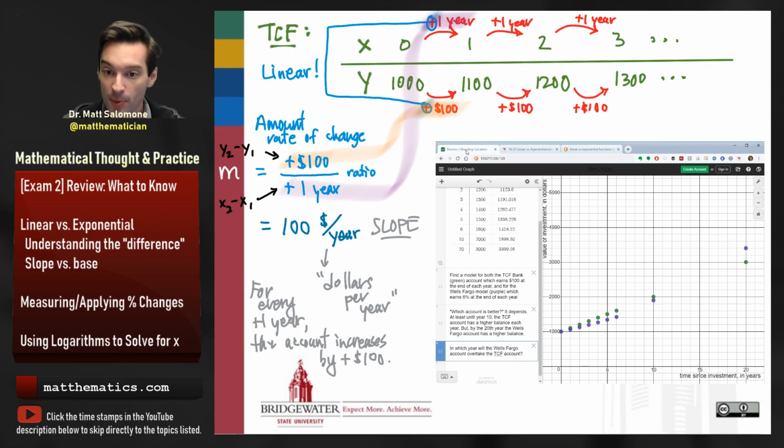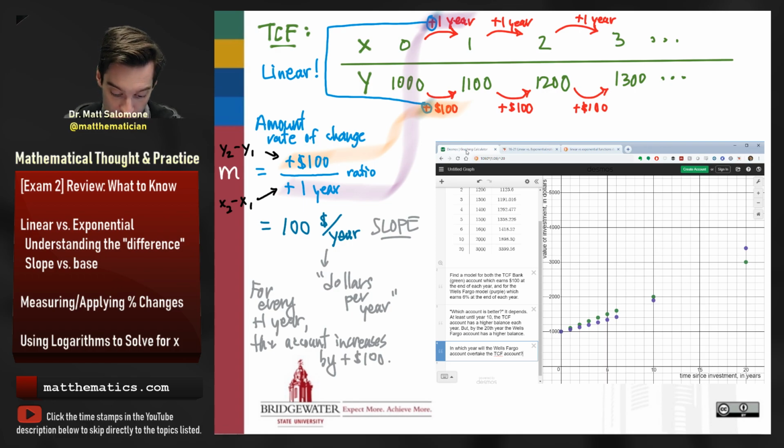So it's all part of the same puzzle, right? If you're used to using formulas like m equals y2 minus y1 over x2 minus x1 to compute a slope, this is why that formula does what it purports to do, because it is measuring the consistency in the amounts by which the y variables change and the x variables change between corresponding points in a linear relationship. So the slope of this equation is 100.